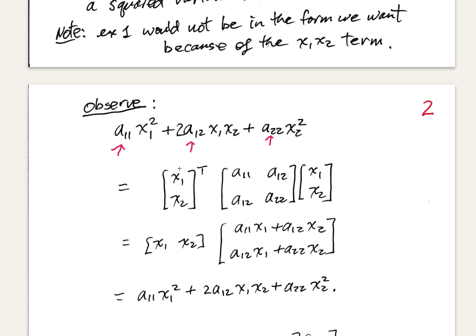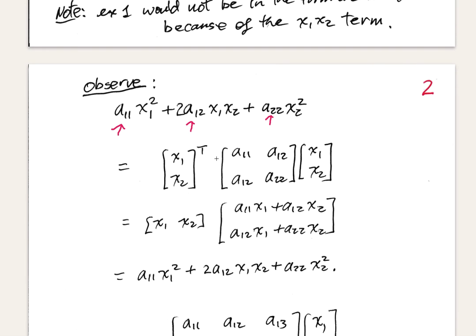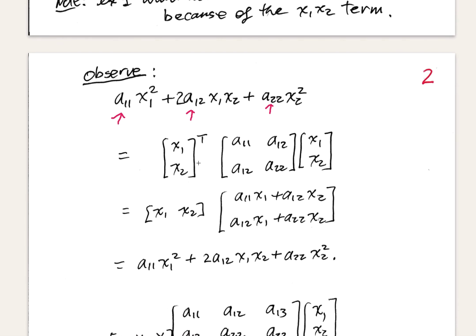I just want you to notice that this is actually equal to the following product. Imagine this column vector x1, x2, and on the opposite side its transpose. Then I've got this matrix in between them, which is a11, a12. This would usually be a21, but I'm going to have it be a symmetric matrix, so it's going to be the same as a12.